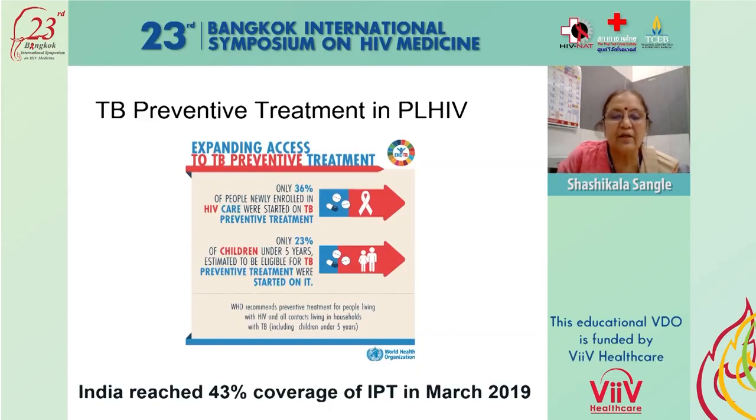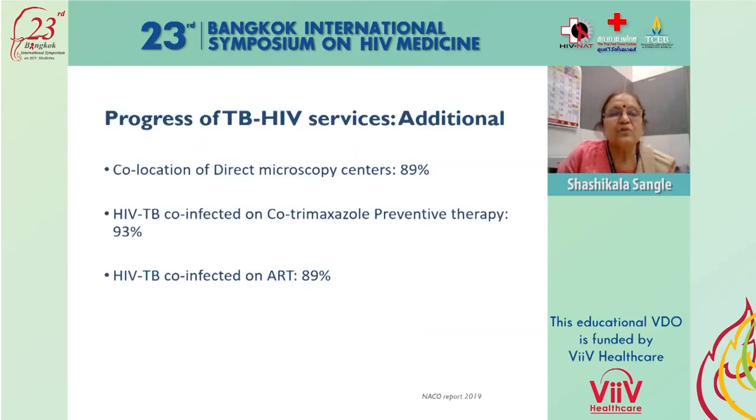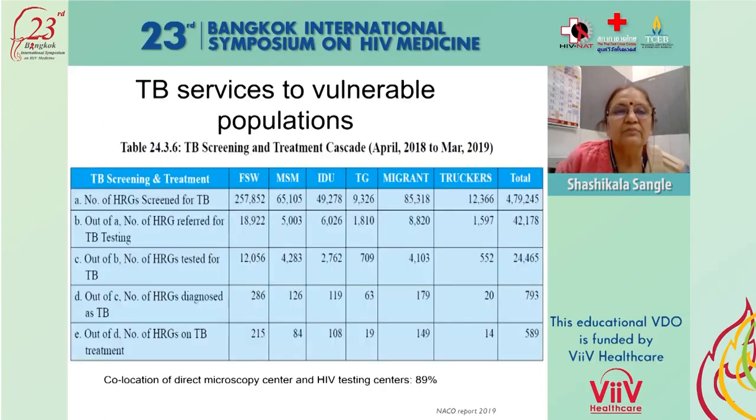So India is ahead of other countries, especially from the IPT point of view. Now, what is the progress of TB HIV additional services? That is co-location of direct microscopy centers, 89% has been achieved. HIV TB co-infected on co-trimoxazole preventive therapy, 93%, and TB HIV co-infected on ART, 89%.